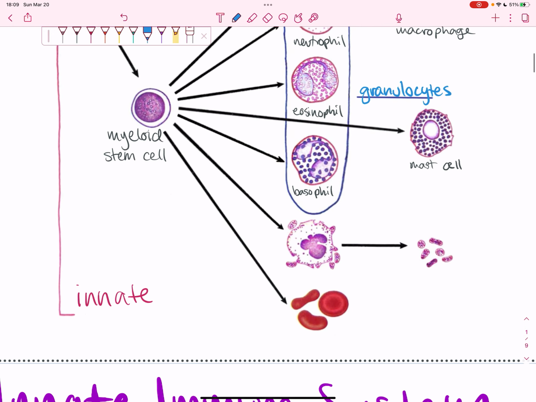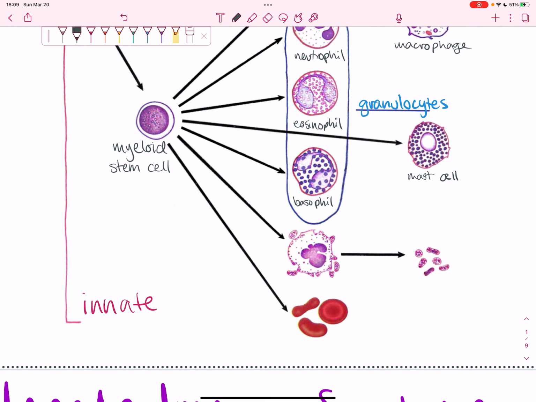Okay, continuing with the labeling. So if you have a myeloid stem cell and you throw in some thrombopoietin, I will write that out. Thrombopoietin, you get a megakaryocyte, which will then break apart and form platelets. Alright, then back to our myeloid stem cell.